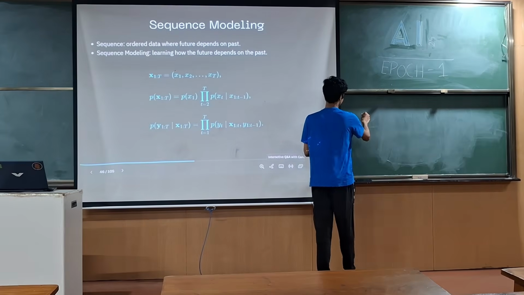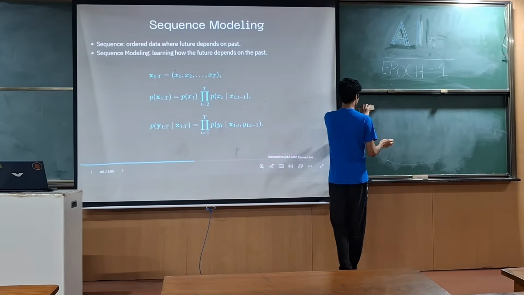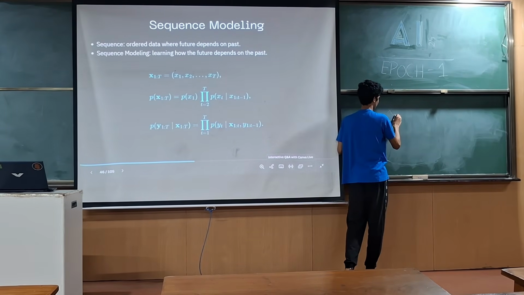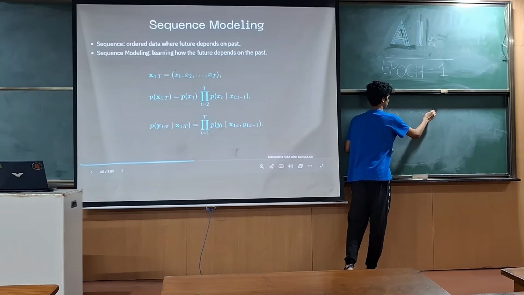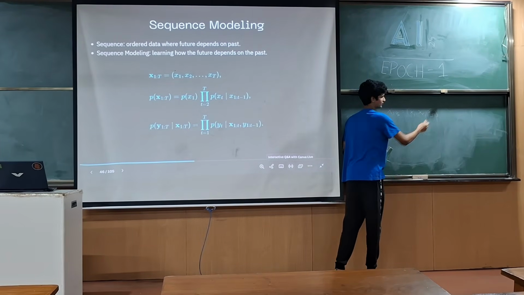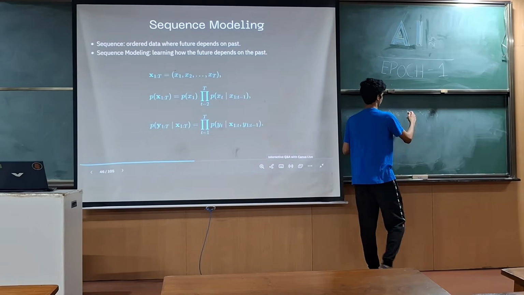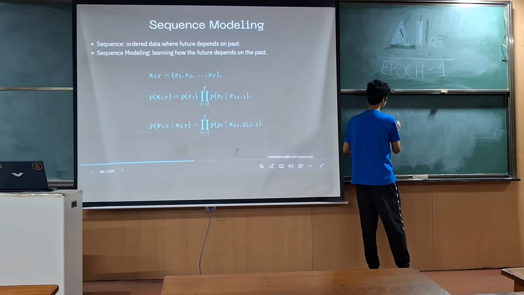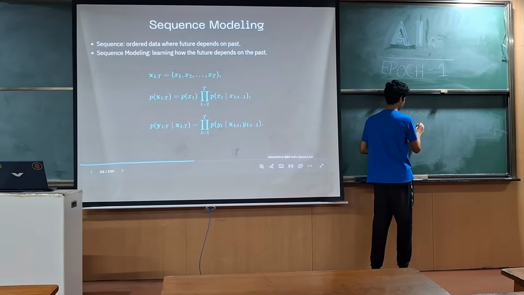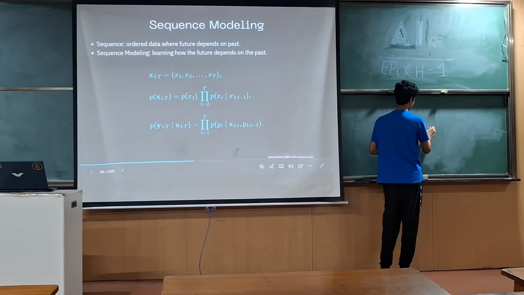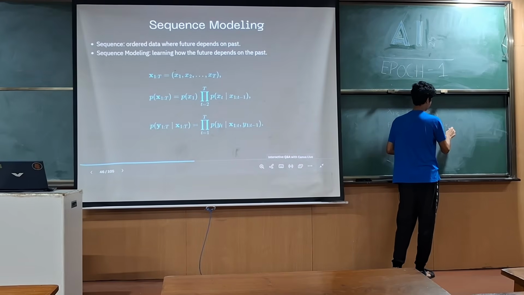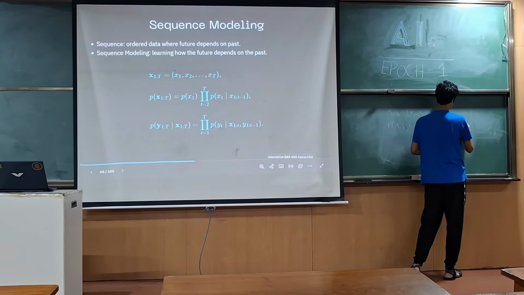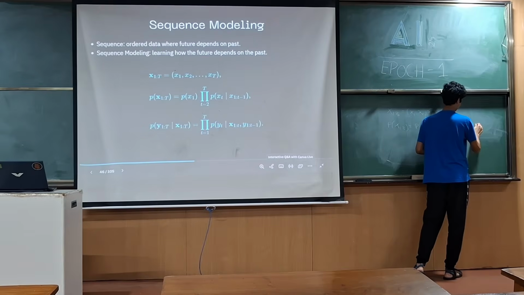I'll write that for, let's say, 3 words: x1, x2, x3. This is our sequence. The probability of this sequence occurring is equal to P of x1 times P of x2 given x1, and then P of x3 given x1 and x2.